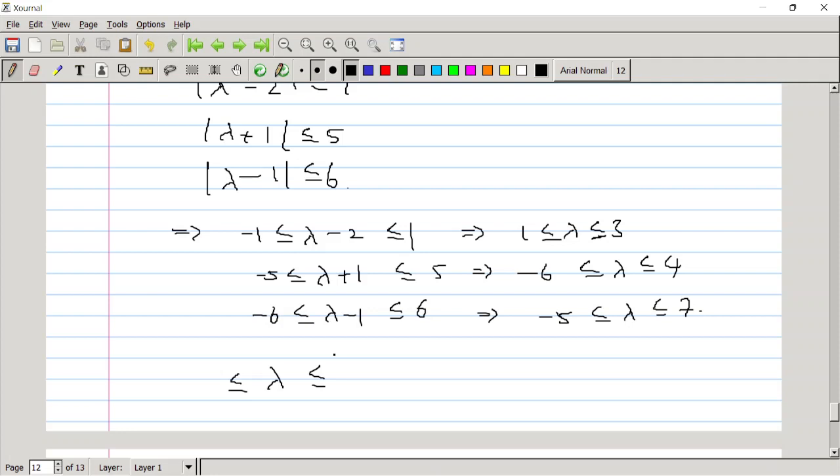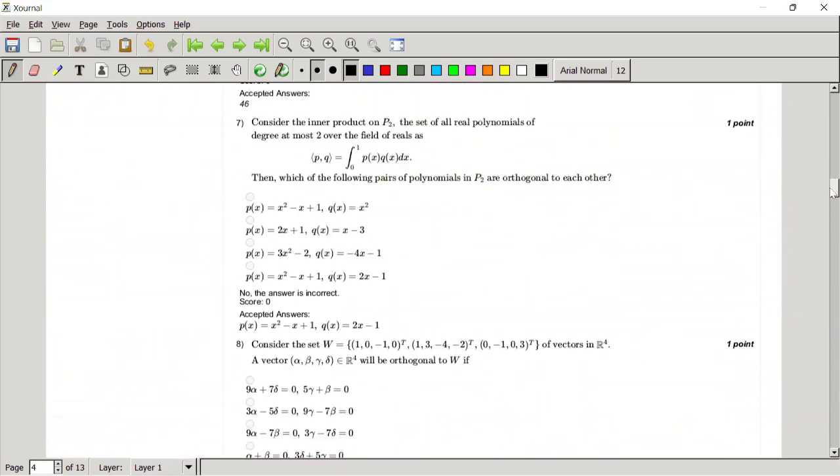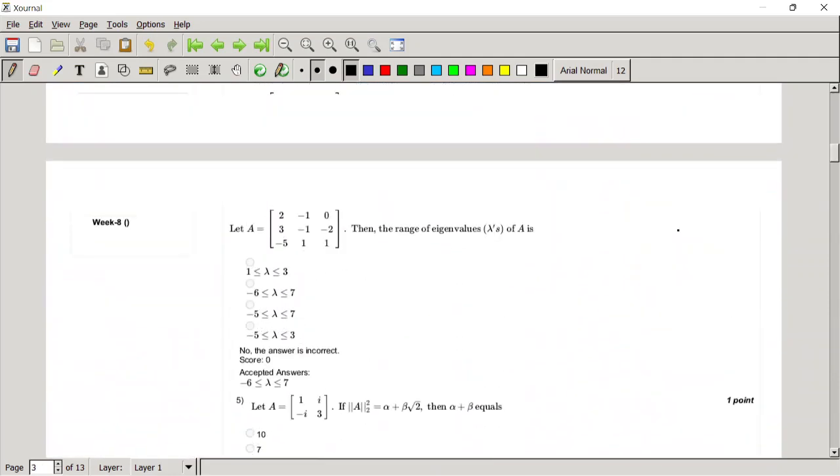We cannot say a particular value for lambda. It can be a fraction, rational, irrational also. But we are searching for bounds only here. So from this we can say lambda is less than or equal to 7 and minus 6 is less than or equal to lambda. Is this correct? I think so. Let me check the options.